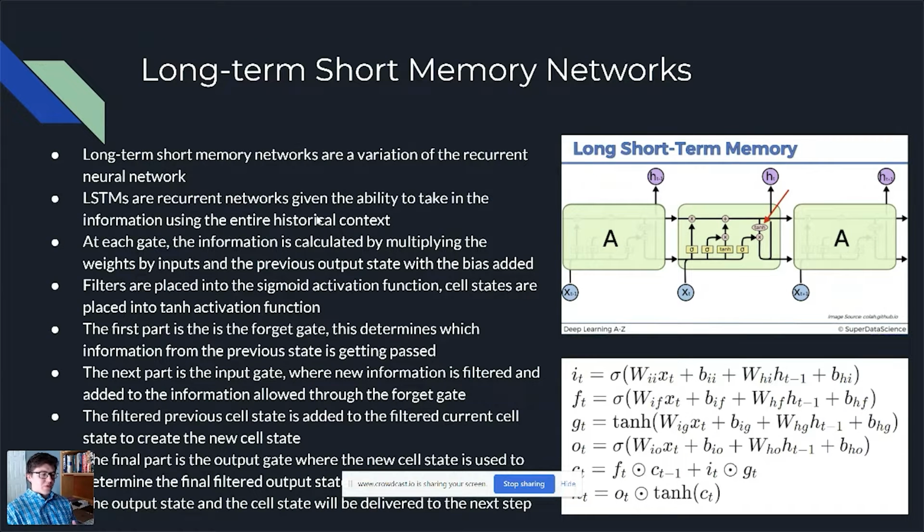It creates this filter using a sigmoid function in order to determine which information it wants to remember from the previous cells. Then we create a candidate cell state, which essentially determines which information we might want to let into the current cells.